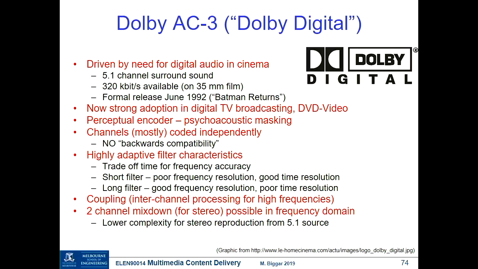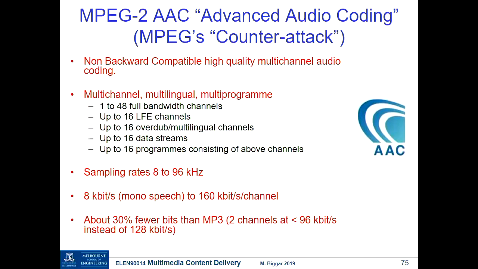So what do you think the MPEG-2 group did when they saw that this was coming out? They called everyone back in the room and said, okay guys, back to the drawing board, we need a better audio coder. And that's actually where the MPEG-2 AAC, Advanced Audio Coding system, came from.